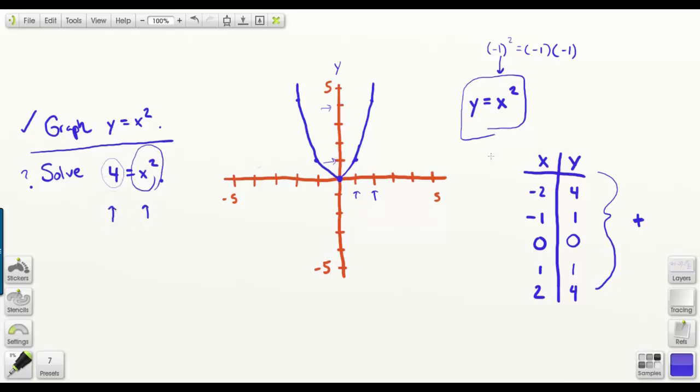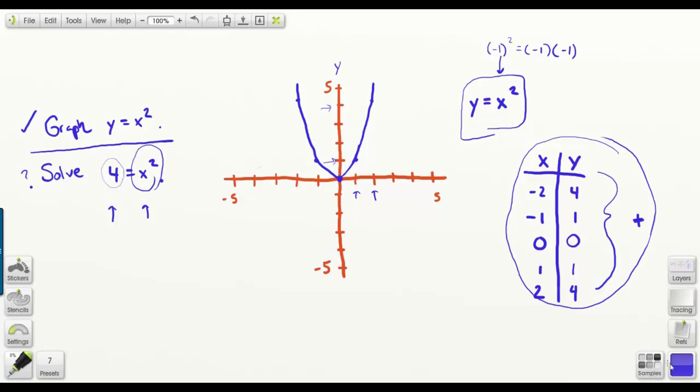So think about it according to our t-chart again over here. Where on this t-chart do I get an answer of 4? And what we find is interesting when we talk about parabolas is that there's more than one answer.